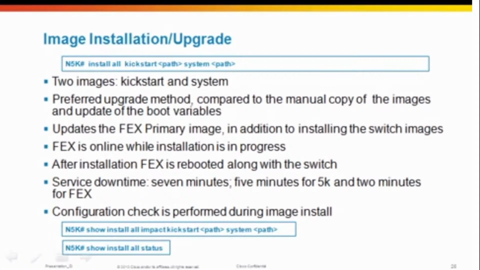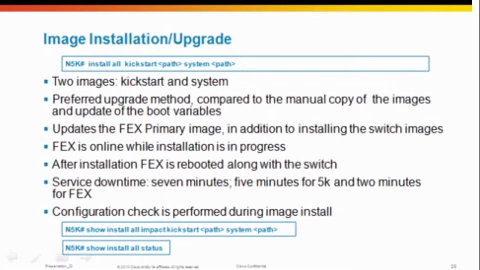The FEX will remain online while the installation is in progress. And after the installation, the FEX will be rebooted along with the 5K. How long this process will take you once you've typed the command install all to when you come back? Typically, I would say it runs for about 7 minutes, about 5 minutes for the 5K and 2 minutes for the FEX. So I would say under 10 minutes is what you need for the downtime to get the image upgraded.